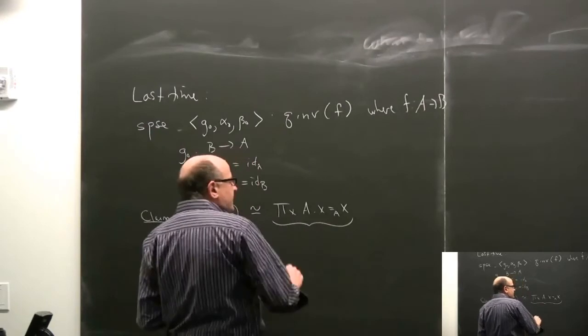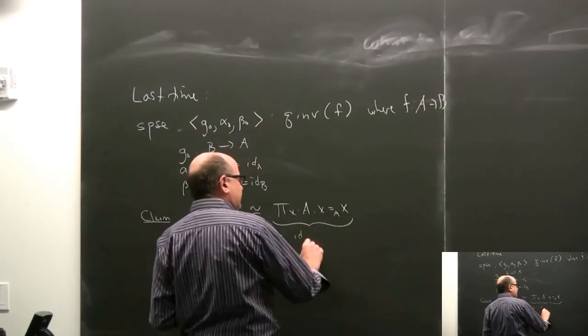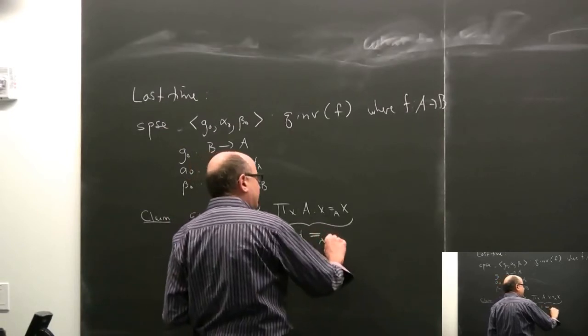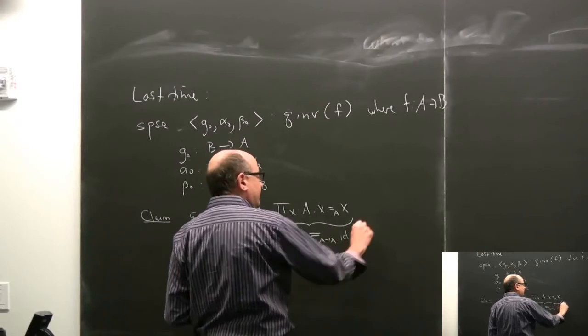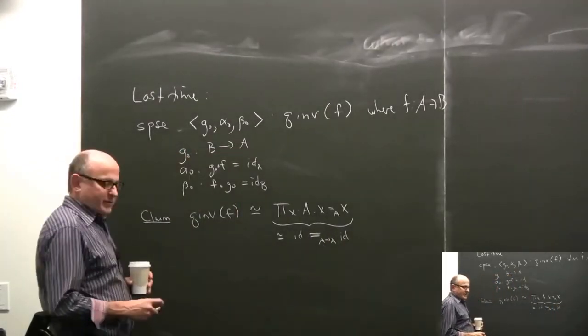So this is equivalent to saying, in the presence of function extensionality, that the identity is equal, in A arrow A, to the identity. That's a better way to notate it, to be honest.